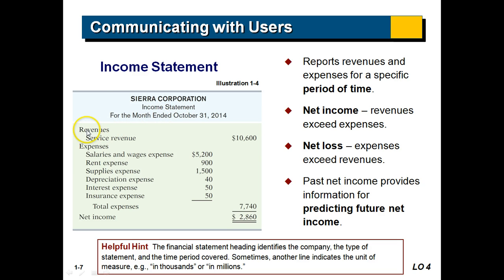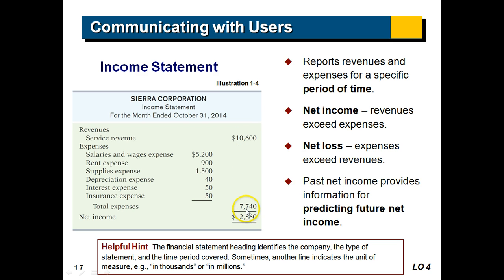And notice the big two, revenues and expenses, are listed out. Revenues, there's only one, service revenue, $10,600, and they position it in the far right. Expenses, there are numerous expenses that have been consumed: salaries, rent, supplies, depreciation, interest, and insurance. They list all of those out, draw a line to add them up, and then put the total to the right.